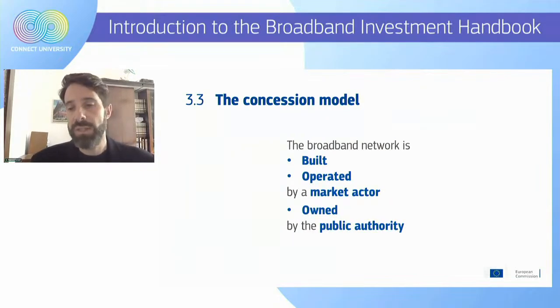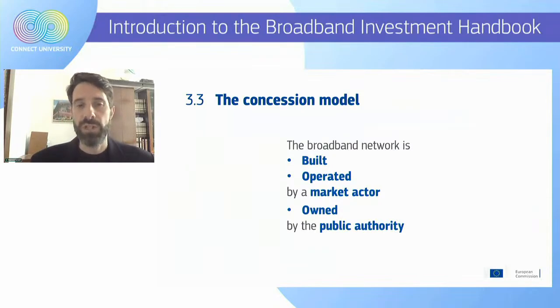Next is the concession model, which is gaining a lot of interest during the past few years. In this case, the network is built and operated by a market actor, but it is owned by the public authority. The term concession here also means slightly different things in different jurisdictions.